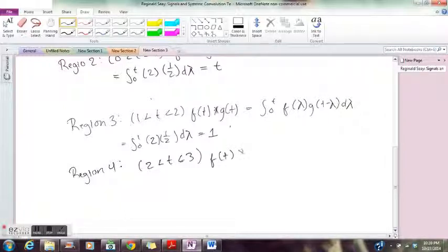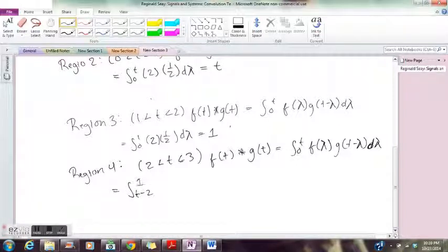We write f of t convolved with g of t is equal to the integral from 0 to t of f of lambda times g of t minus lambda d lambda. Yes, it may be painstaking, but this is great practice to help you remember what the convolution formula is. So we will still write that every time.